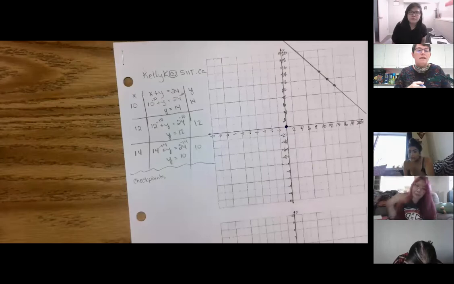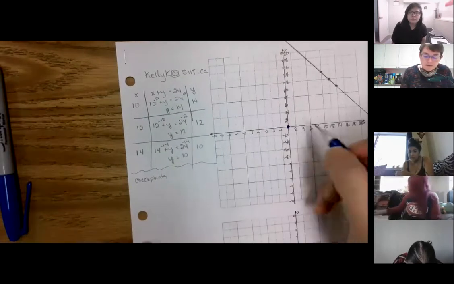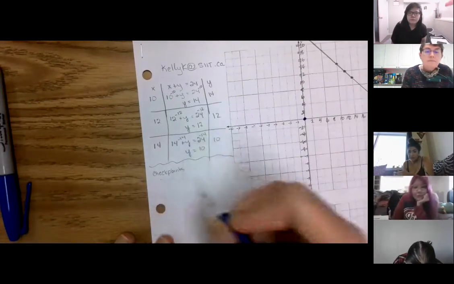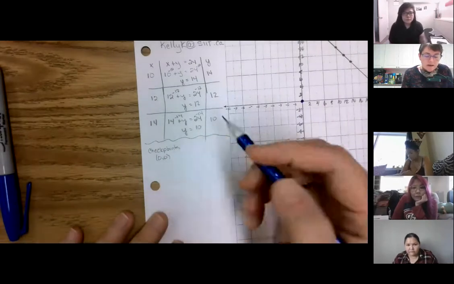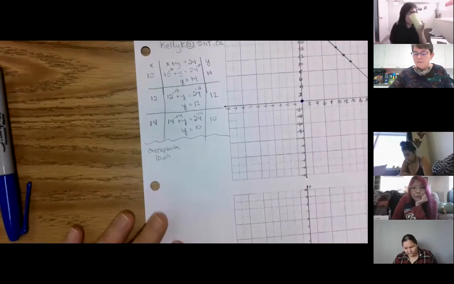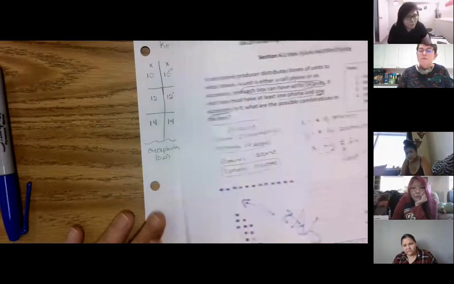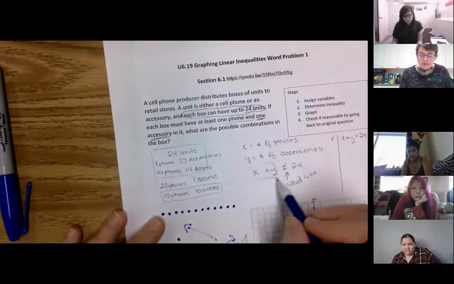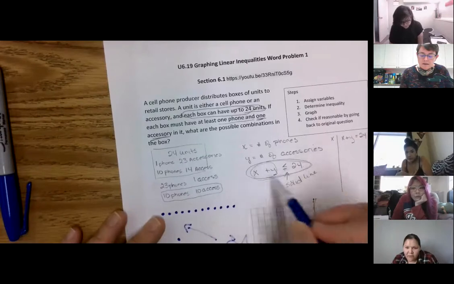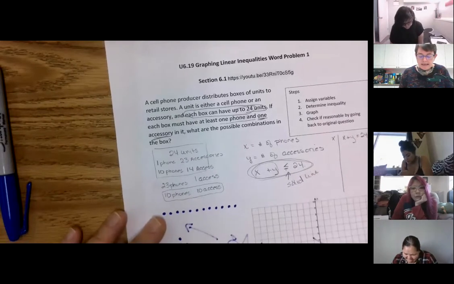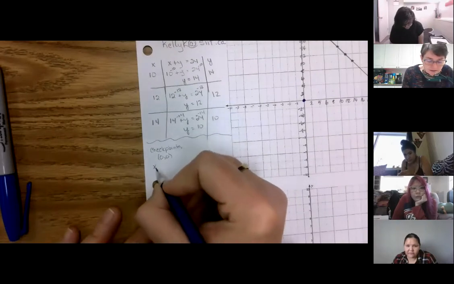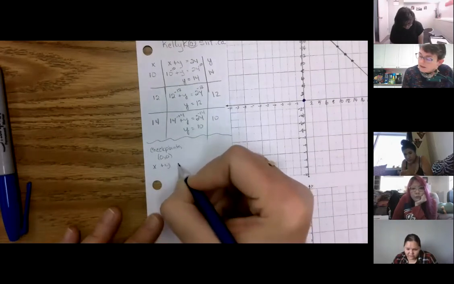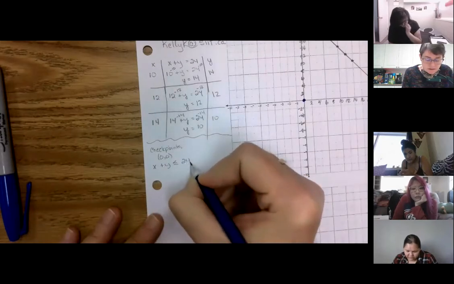I'm going to use 0, 0 like I always do. And we have to go back to the original inequality that we created. So we need the less than or equal to sign again. So x plus y is less than or equal to 24.